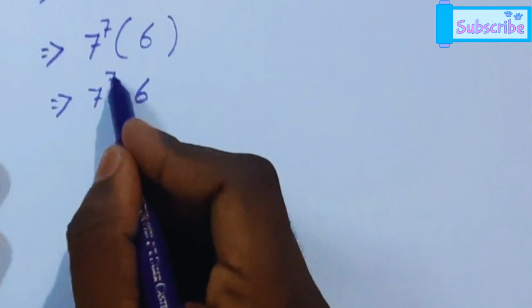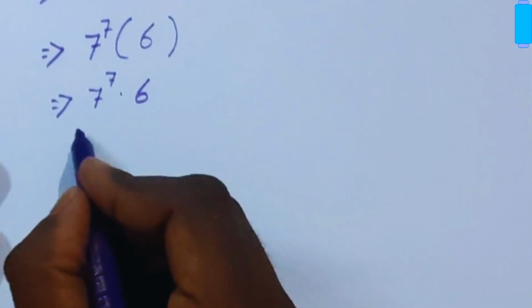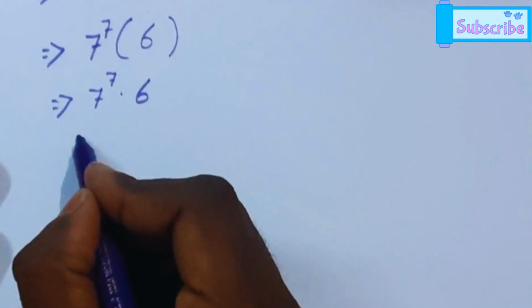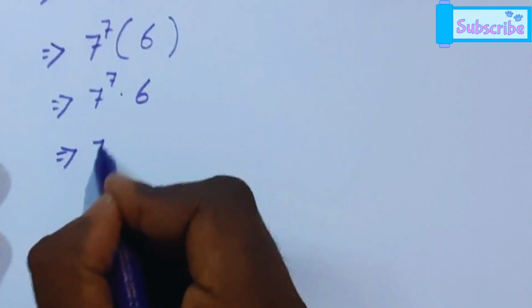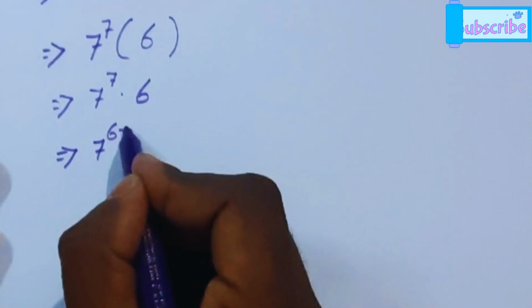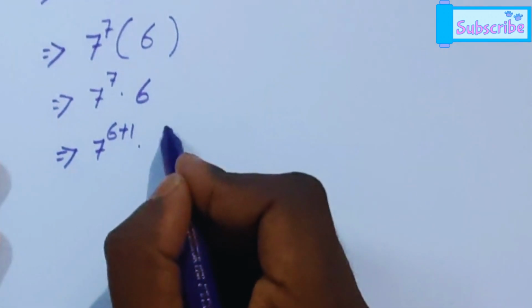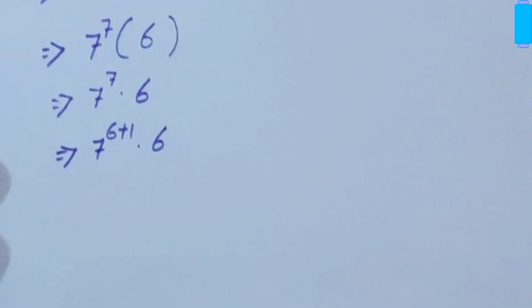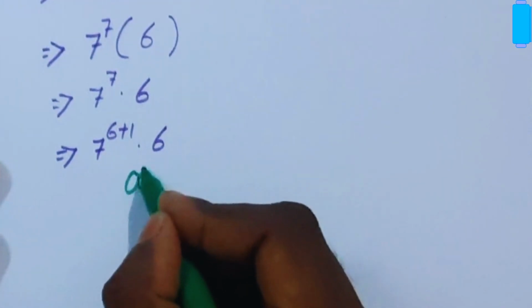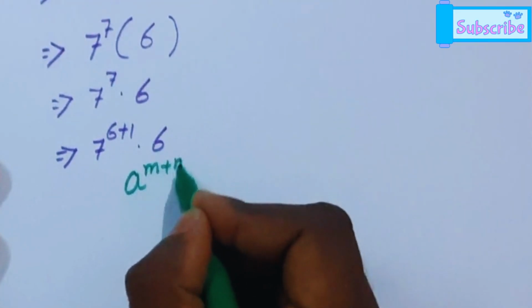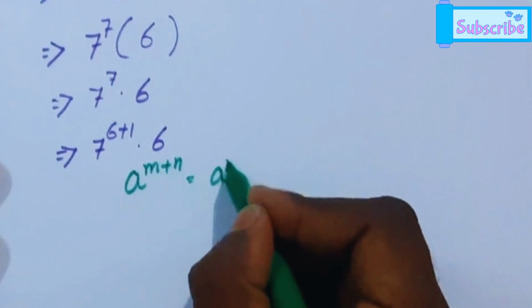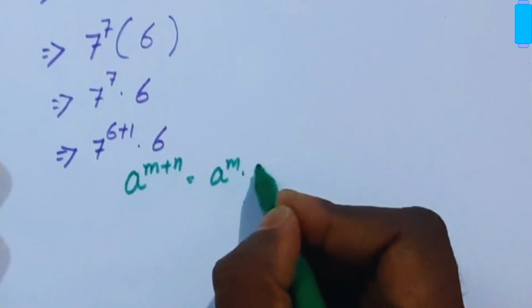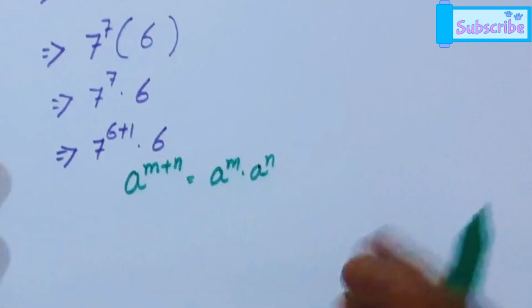Now this 7 power 7, this 7 can be written as 6 plus 1. So 7 power 6 plus 1 times 6. So we are going to apply again this exponent identity here, that is a power m plus n equal to a power m times a power n.